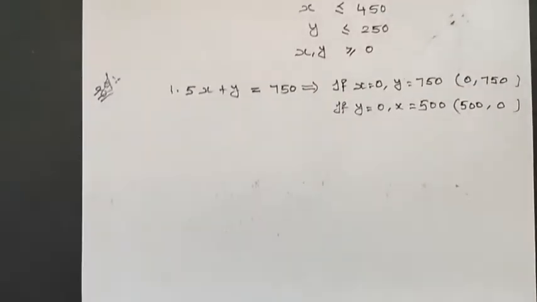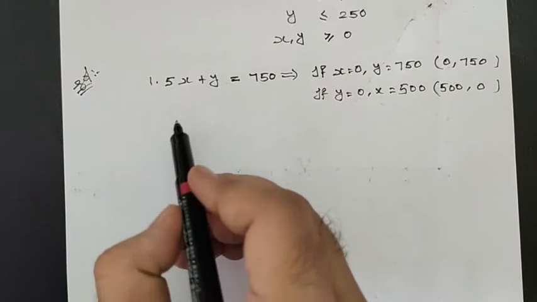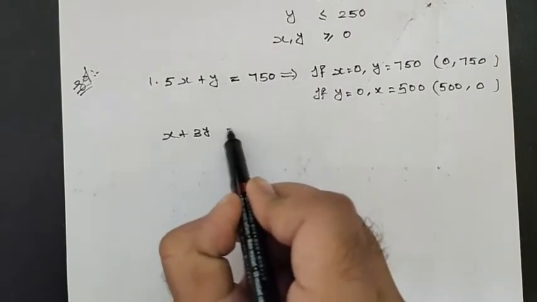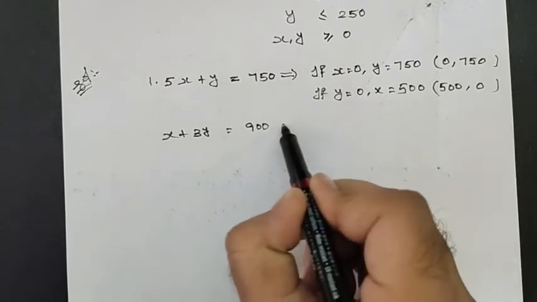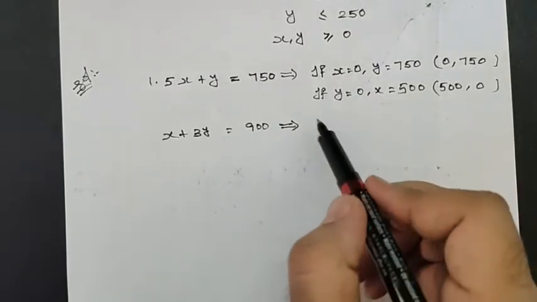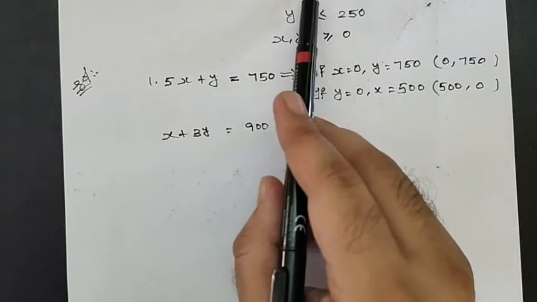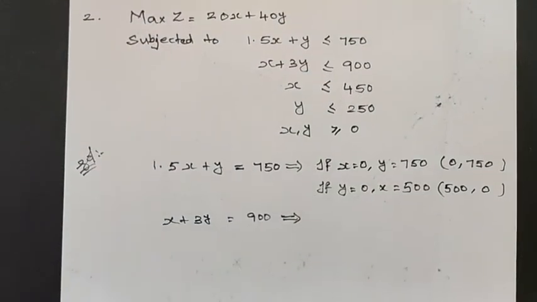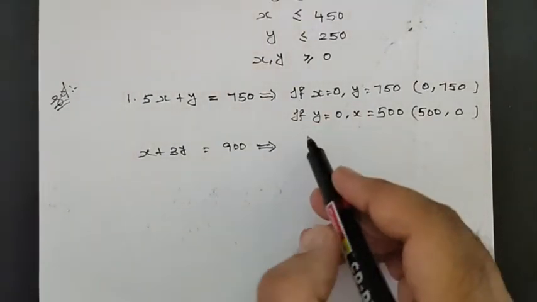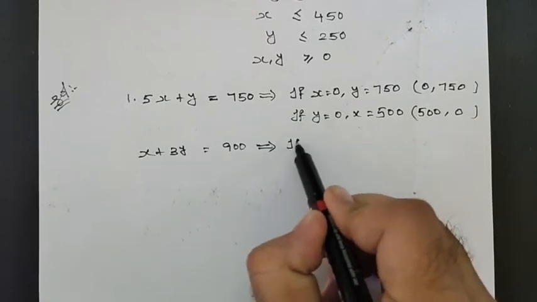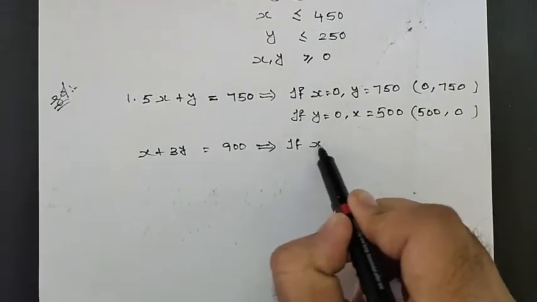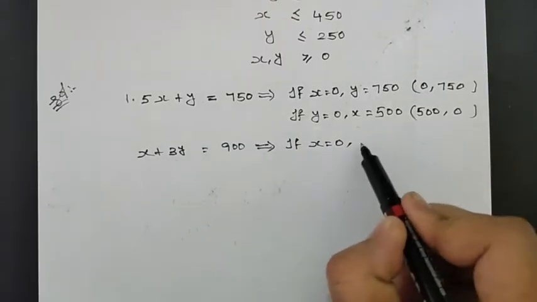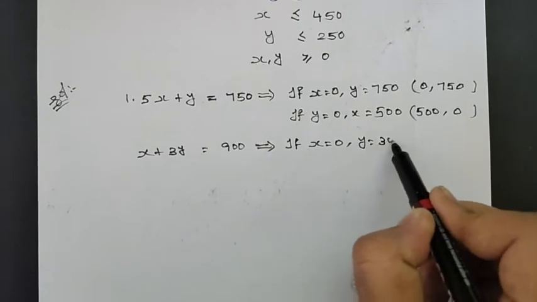Now let us see the second constraint. What is the second constraint? x plus 3y is equal to 900, where I converted less than or equal to into equal to. To find the vertices, first if x is equal to 0, then 3y equals 900 and y is equal to 300.